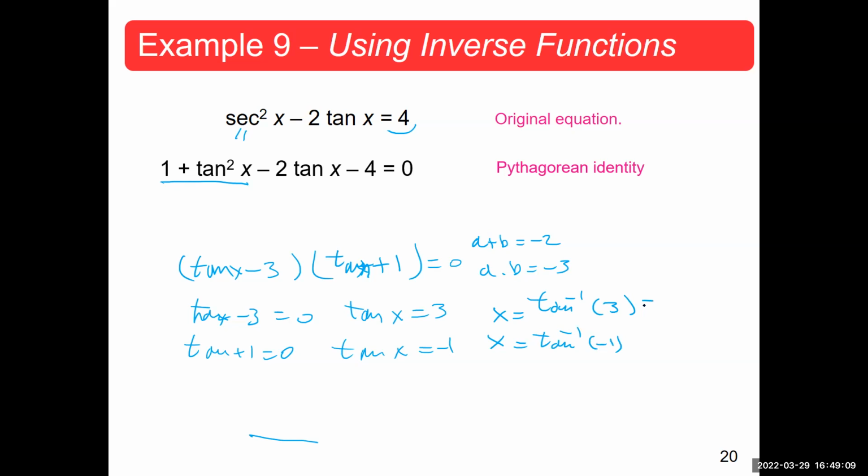Some books say arc tangent instead of tangent inverse. That's the same meaning. But calculators don't write this one, it's too long to write. A lot of books use arc tangent instead of tangent inverse of -1. So you can use your calculator, but you're going to get decimals different from their answer.